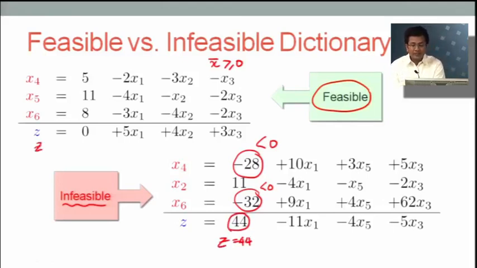In this dictionary, the objective function has a value 0, and the dictionary is feasible. Okay? So, to recap, every dictionary has a solution, and looking at the dictionary, you can read the solution off automatically. It's very important to understand these concepts. And furthermore, it's important to understand there are feasible dictionaries and there are infeasible dictionaries. Feasible dictionaries respect these constraints, x greater than or equal to 0, and infeasible dictionaries, well, they don't. They don't respect constraints.